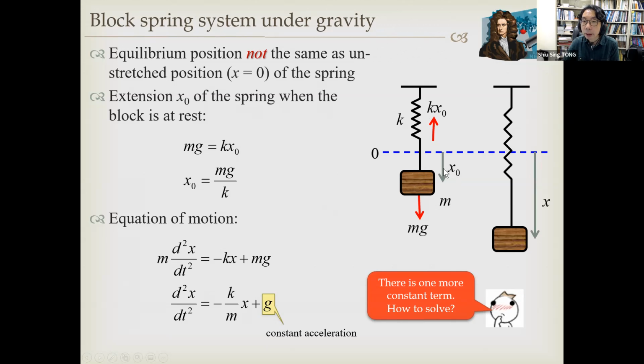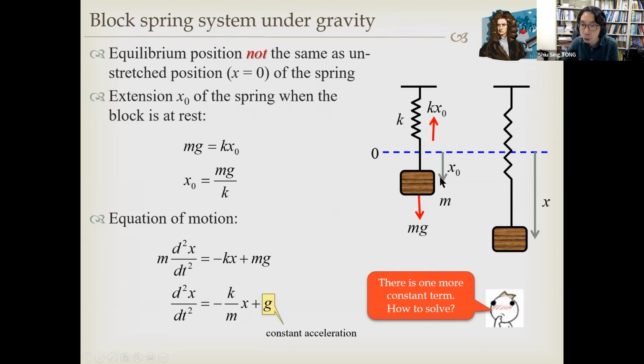And by the equilibrium of force, because now the mass is at rest at this position, the weight of the object is equal to the force of the spring. Since the extension is x0, the force of the spring is kx0, and the two forces balance each other. So I can solve for x0: x0 is mg over k.